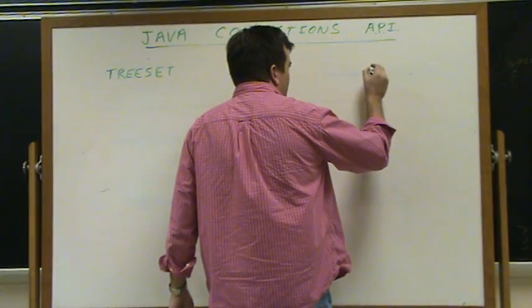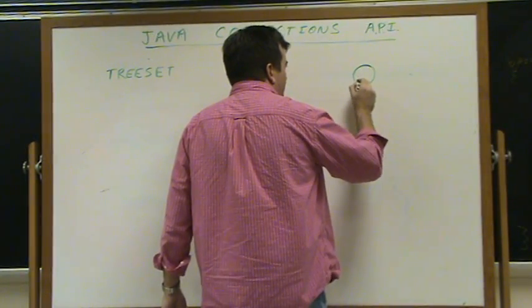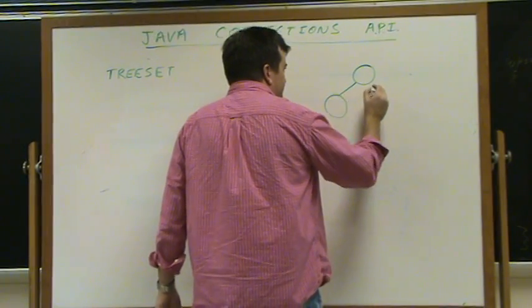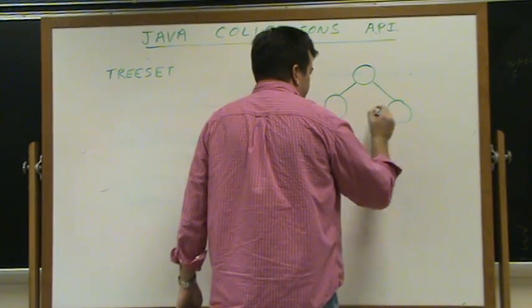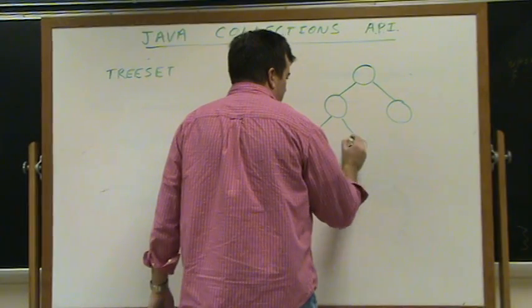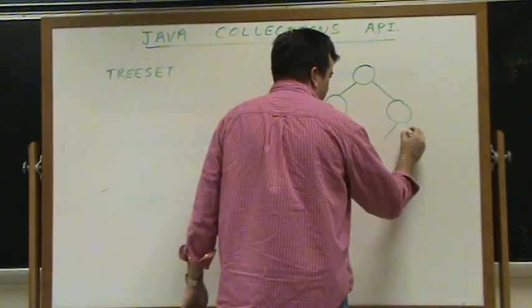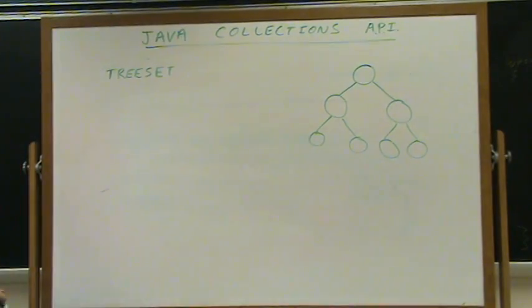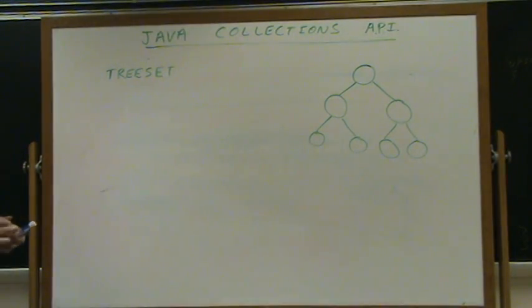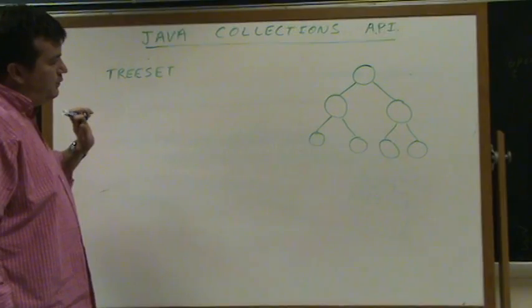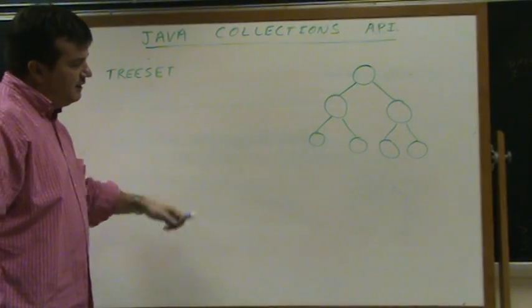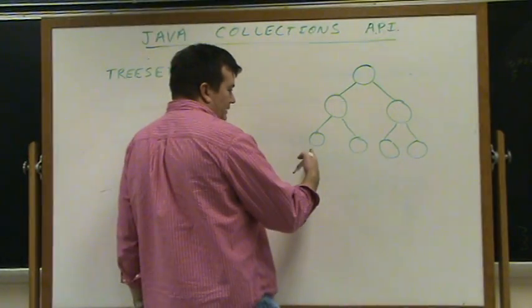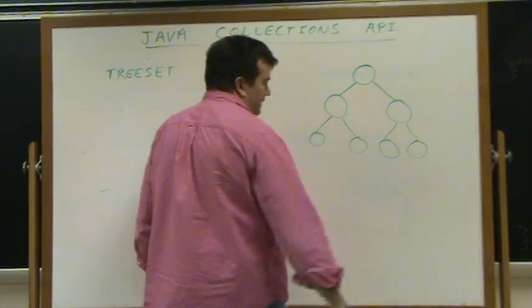So for example, if it's like a binary search tree, it might be structured like this. Let's say you were throwing stuff into a set, but the set has lower values on this side and higher values on this side.